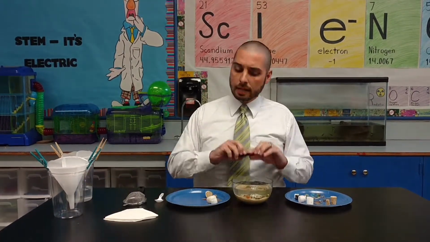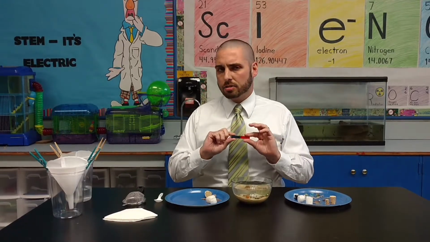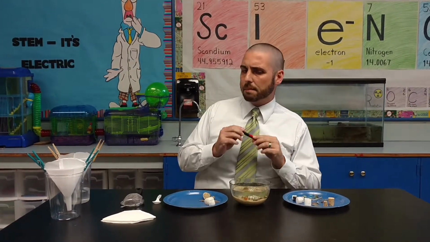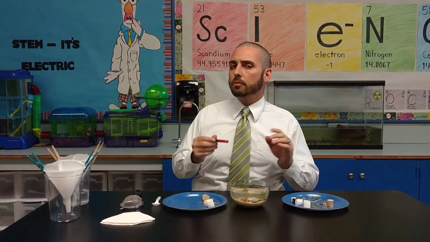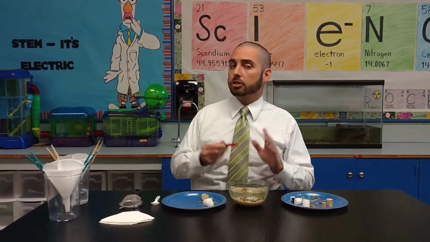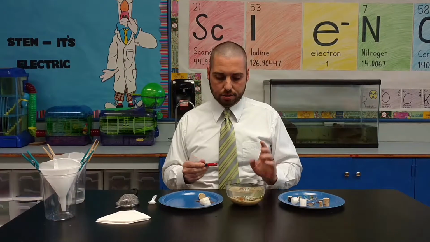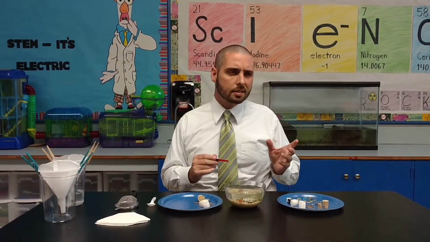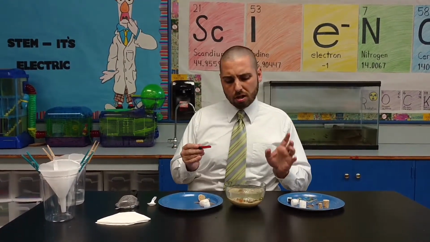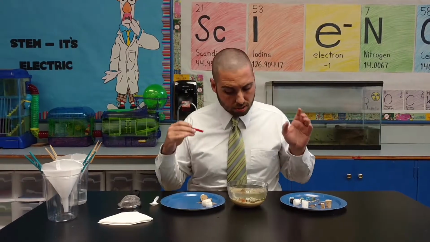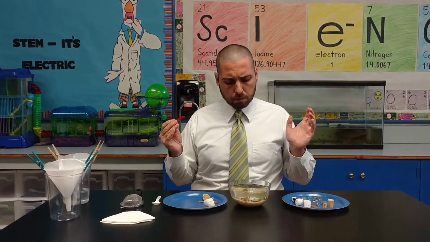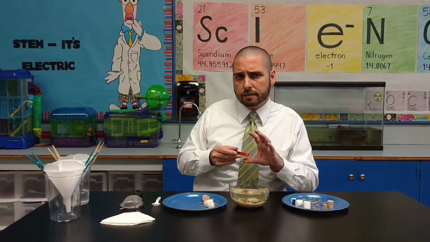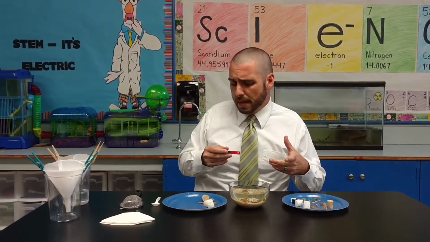And so at that moment, I like to ask my students to go ahead and take their magnet and let's see if there are any items that we can remove with the use of our magnet, utilizing magnetic attraction. But before we get in there, I might ask my kids to make a hypothesis. Which of those items that you see that have sunk to the bottom do you think are going to have the ability to be attracted to that magnet?